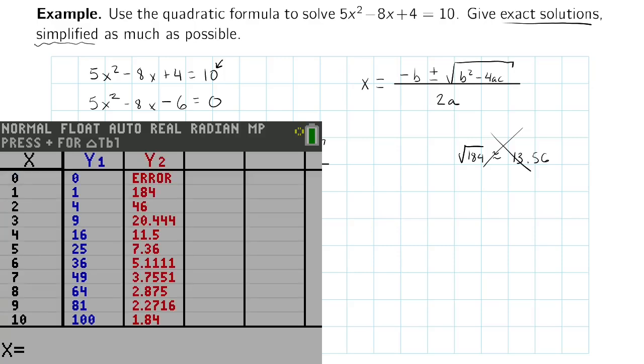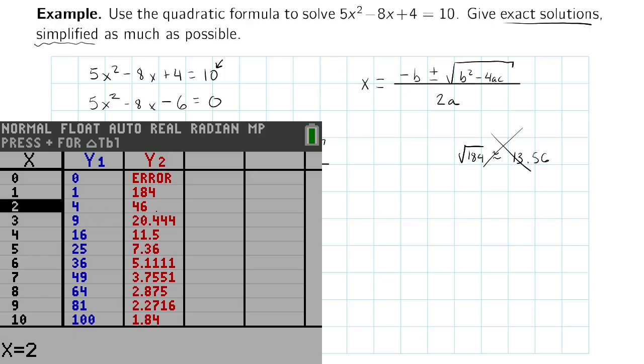So I see that 2 squared, which is 4, is a perfect square factor of 184. And then continuing down, I get all the way up to 10. 184 divided by 10 is less than 2. And the only place where I got a whole number for 184 divided by my perfect square is in this row.